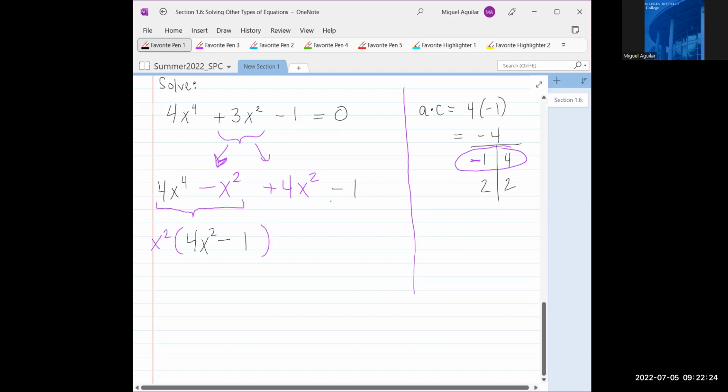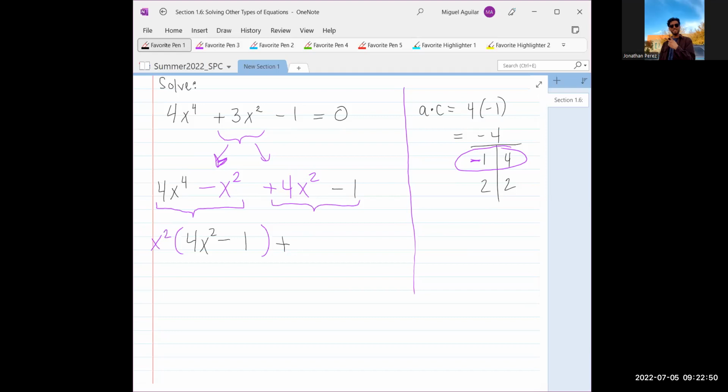Now, over here in the second set of terms, the first term is positive, so we're just going to bring out a plus. But then what do these guys have in common? What's their greatest common factor? X squared. Well, I can see why you would think that. The first term has an x squared, the second one doesn't, right?